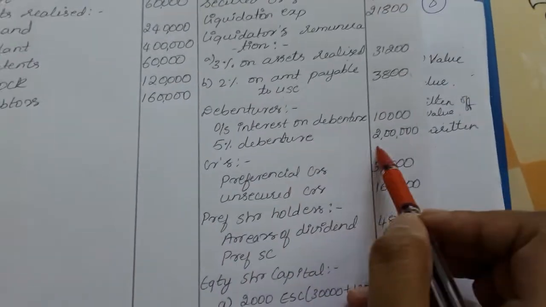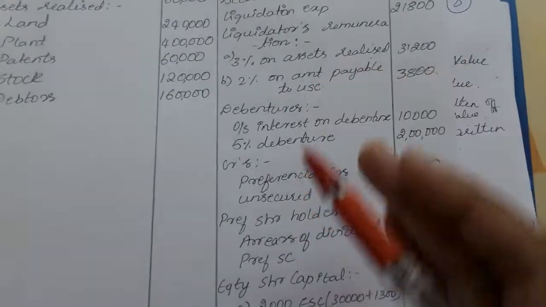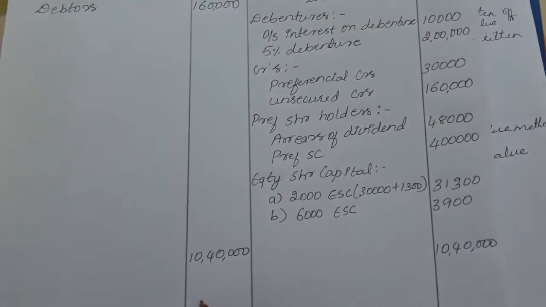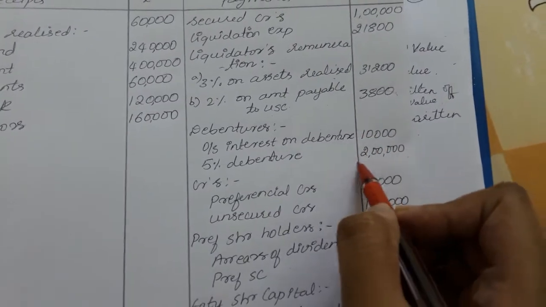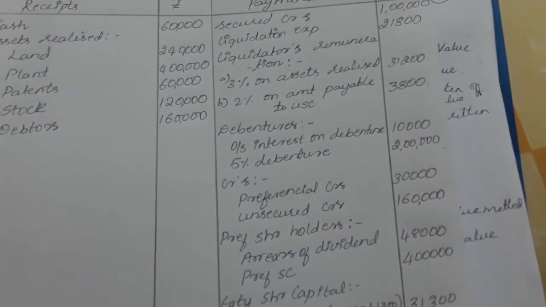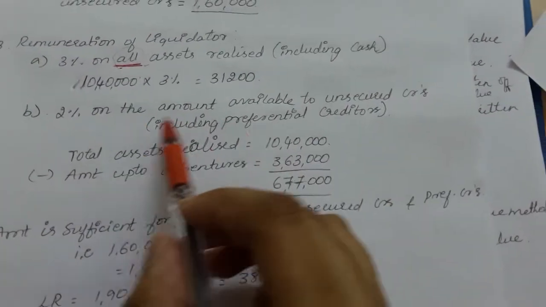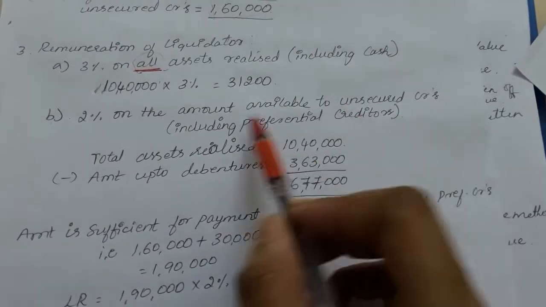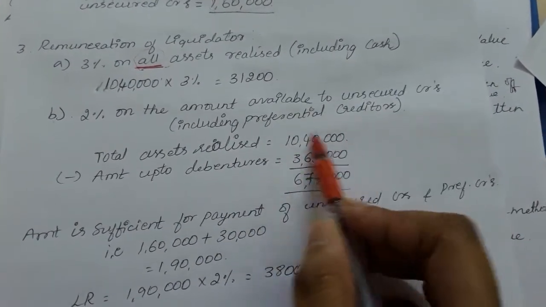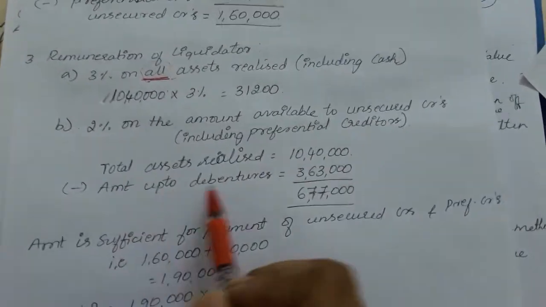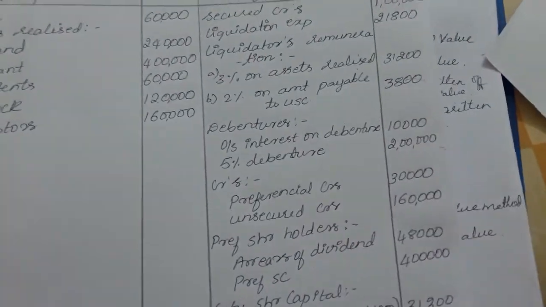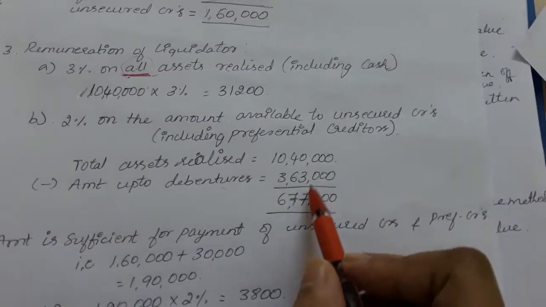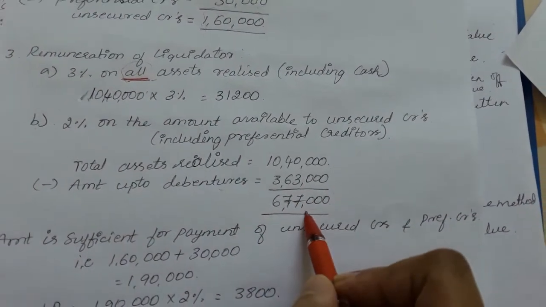Next, we should see the amount up to debentures. Total assets realized is 10,40,000. After paying up to the debentures, which is 3,63,000, the remaining is 6,77,000.